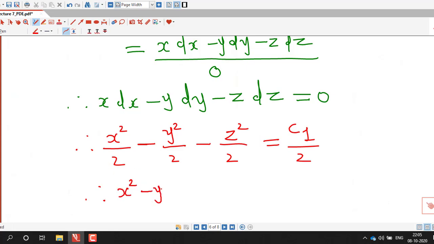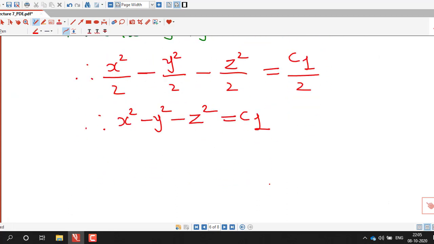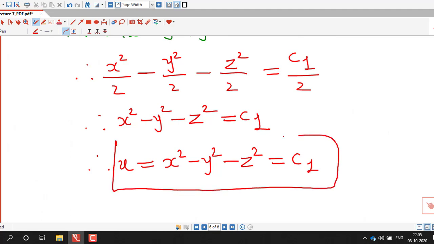So we have x square minus y square minus z square equal to c1. Therefore the first solution of the Lagrange auxiliary equations is u equal to x square minus y square minus z square equal to c1.